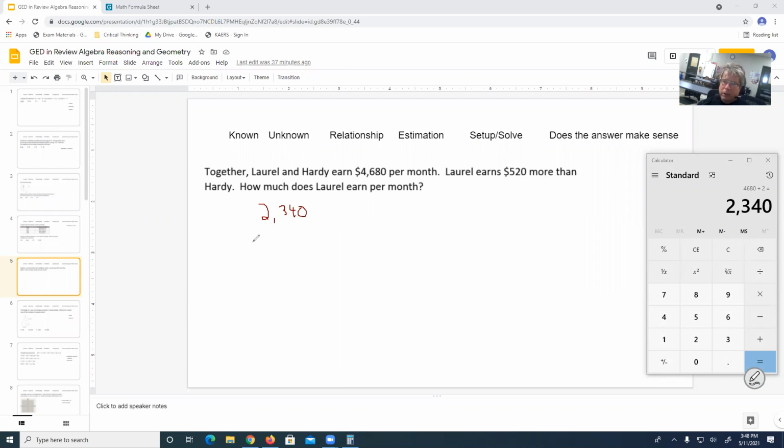So to me, all this is going to be is an estimation. What I can pick up on, using algebra, is that if Laurel is going to be represented by X, Hardy is going to be $520 less.